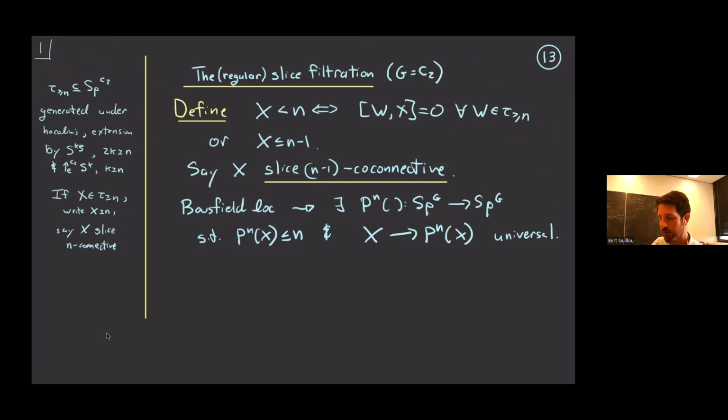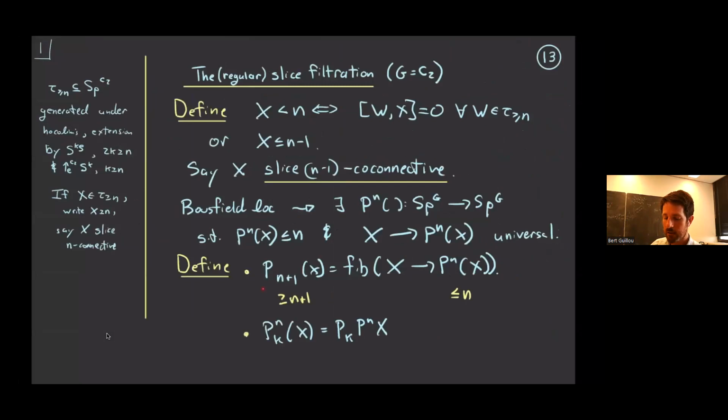Today G is just C2. The output will always be at most N, just from the general machinery. You'll also get a map from your original G spectrum to this truncation, and it's a universal such map. Then we can define P lower N plus 1 as the fiber.